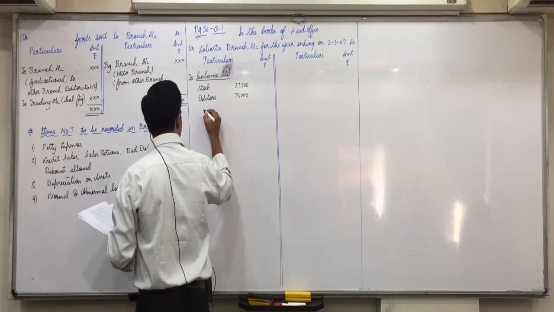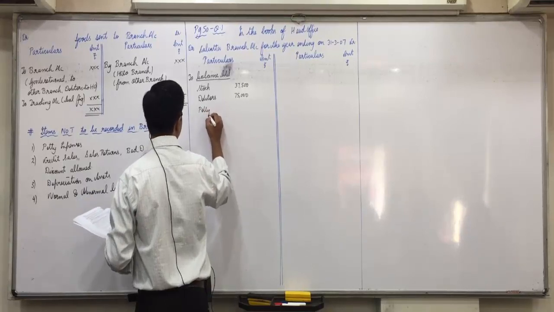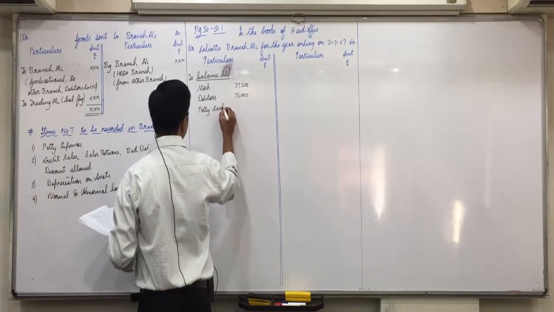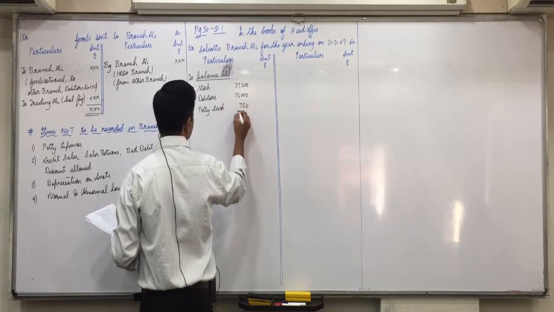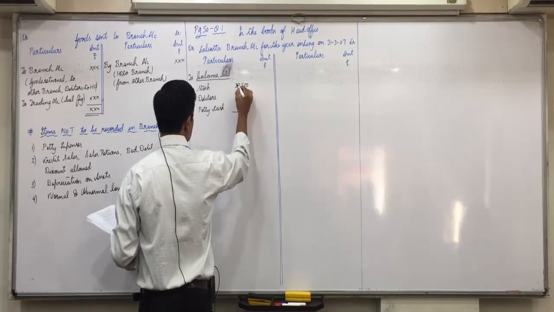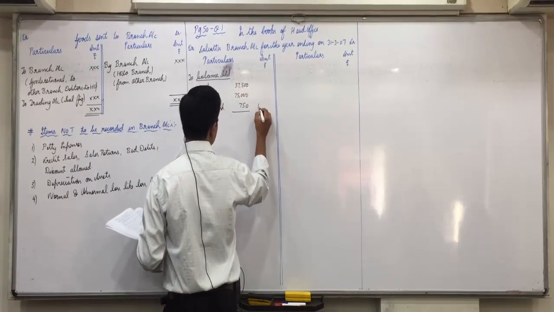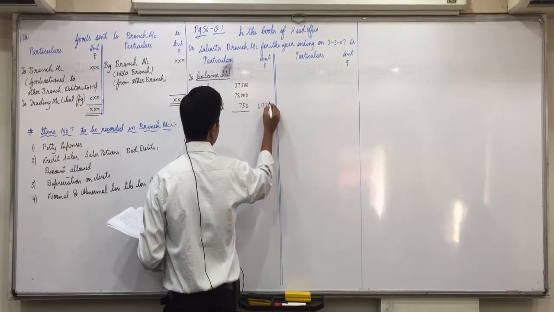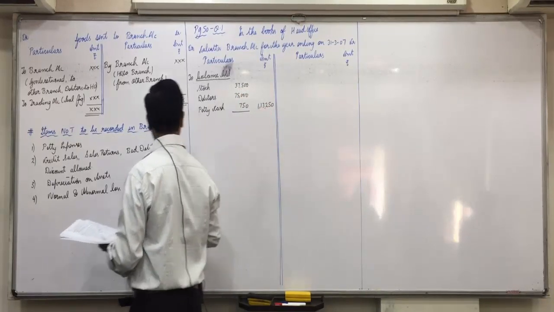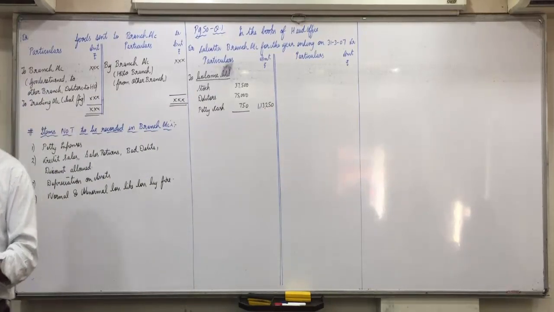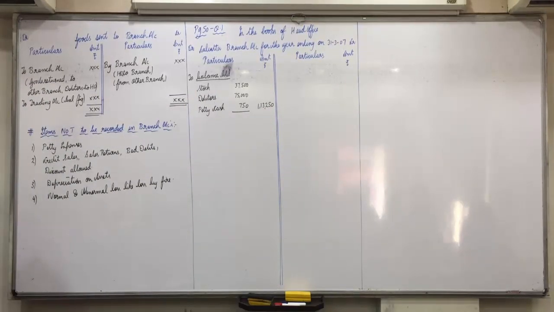Then petty cash 750. So the total is 1,13,250. Is everyone clear with this?